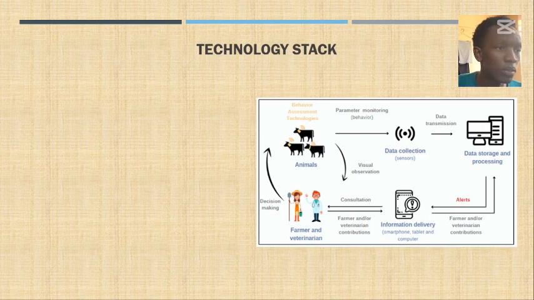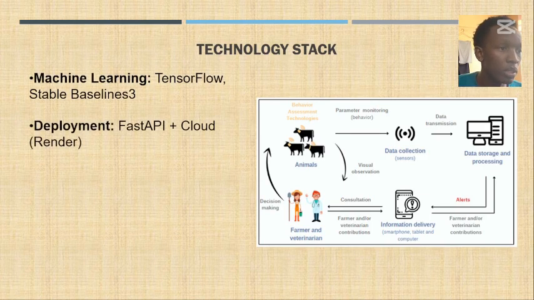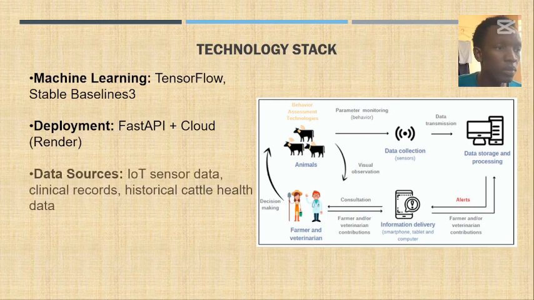Going further to the technology stack, for machine learning we use TensorFlow and Stable Baselines 3. For deployment of the model, we use FastAPI and Render cloud.